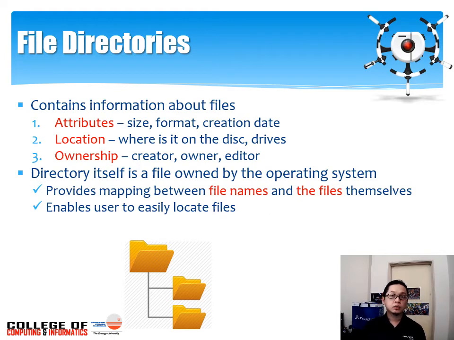It enables the user to easily locate files and find information with regard to the file that they are using or looking for. So having a proper directory system enables the user and at the same time enables the operating system to easily manage the files that perhaps the process wants to use or that other I/O devices want to use.